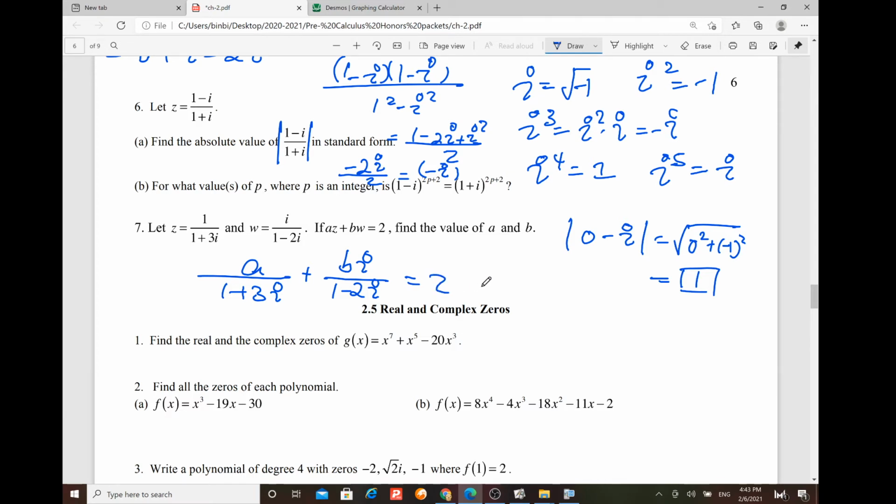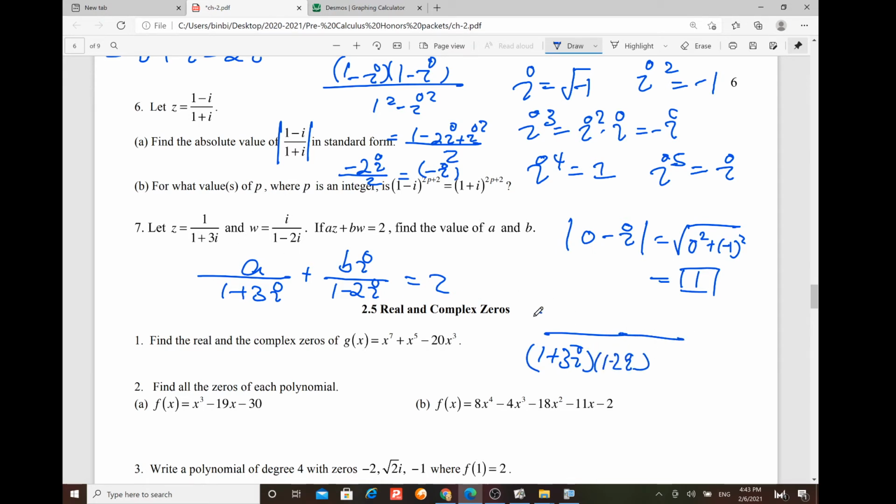So kind of like solving the rational expression. Convert that to the same denominator and then put this all together and try to rationalize it eventually. Okay? So try to find out the value of a and b for this one. So we got 1 plus 3i, 1 minus 2i.